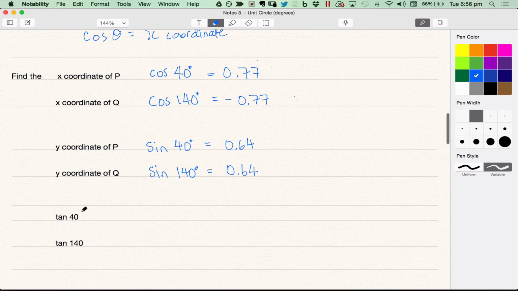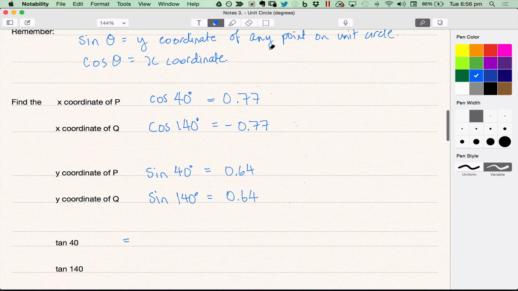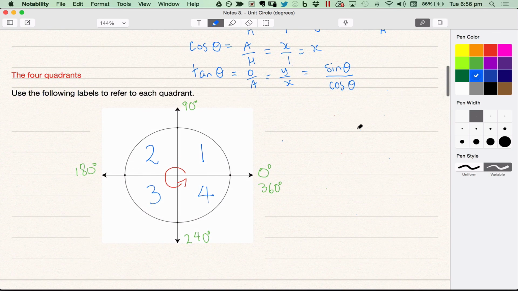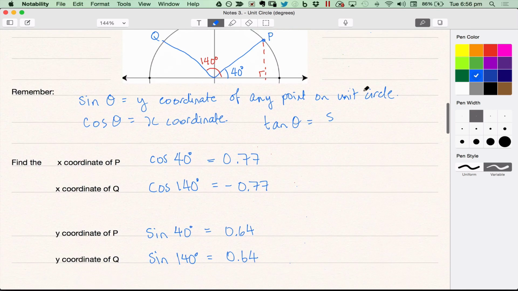Lastly, we're looking at tan 40, which we know from earlier. I didn't put it here, but tan theta equals sine theta over cos theta.